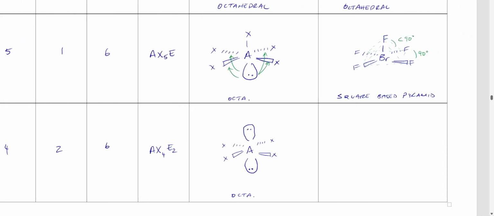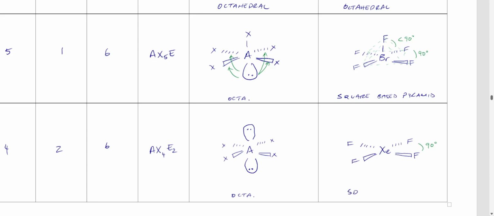But as you can see, we have effectively just this square plane of atoms, right? With lone pairs above and below. No bond angles are affected. This is still 90 degrees. And yes, you could in fact draw this in this manner right here, but it's typically drawn this way to show that it comes from an octahedral orientation.